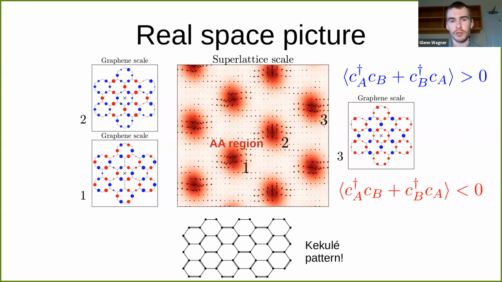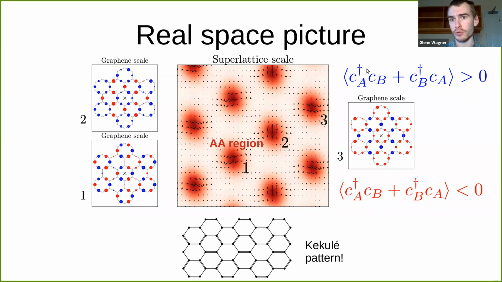So finally, let me discuss the real space picture of the state. Here I'm plotting the superlattice scale, and the shaded regions are these AA regions where the two monolayers are stacked in the AA fashion. I've zoomed in into these 3 different regions, and I'm plotting on the graphene scale this bond order parameter c_A^† c_B.